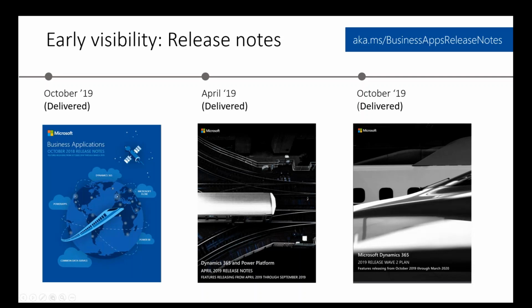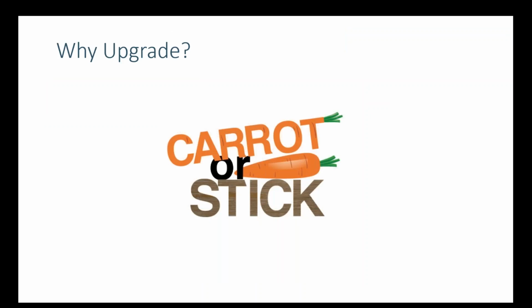Yeah, it's absolutely huge. I 100% agree. And then the other aspect here, the carrot or the stick, right? This is one that we've used as an analogy that maybe doesn't have as much relevance right now, because a lot of you hopefully are on Finance and Operations and you understand the value of the upgrade that you've done as well. But obviously when we're doing a presentation, it's always the carrot or the stick concept.